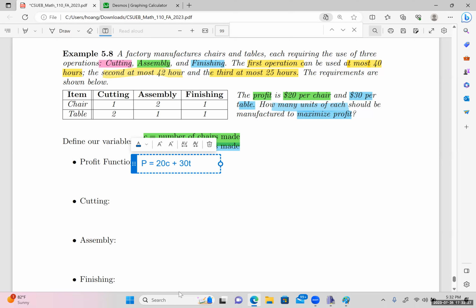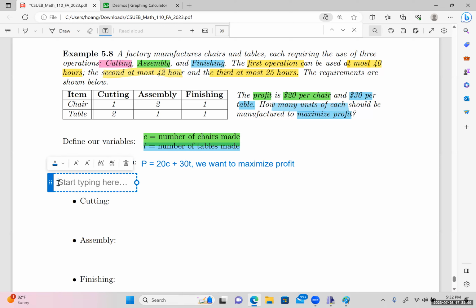So we want to maximize profit. Okay, cutting. Let's set up the constraints.